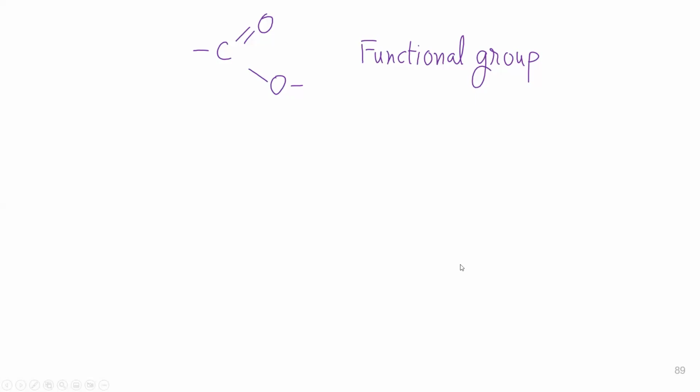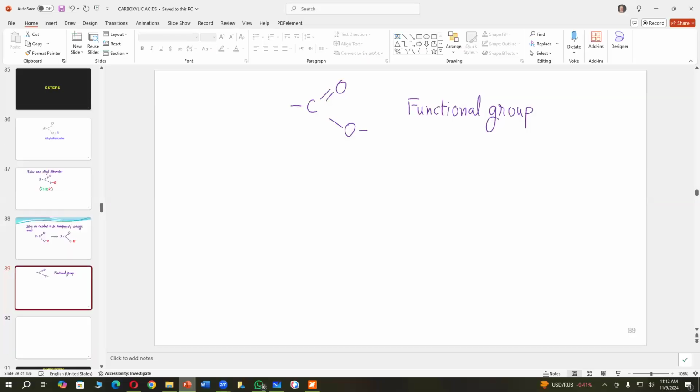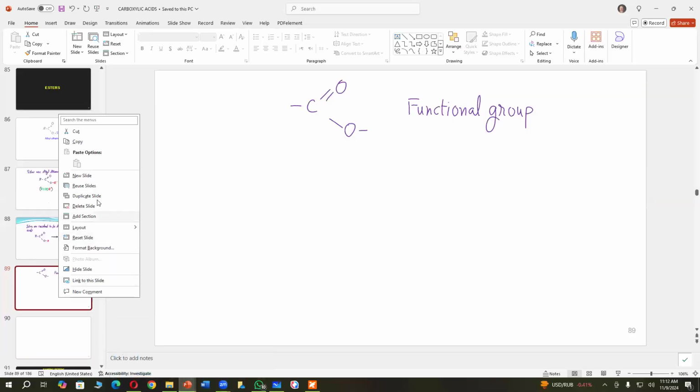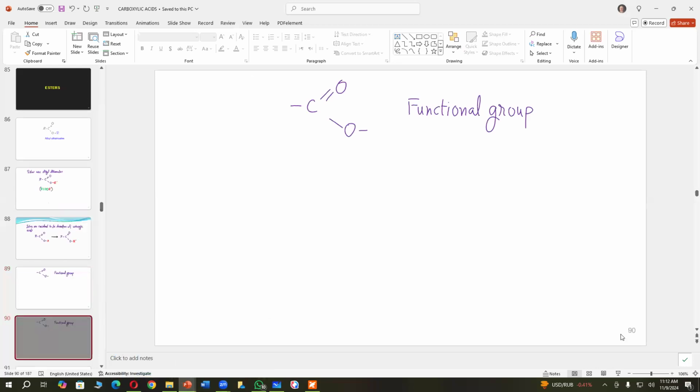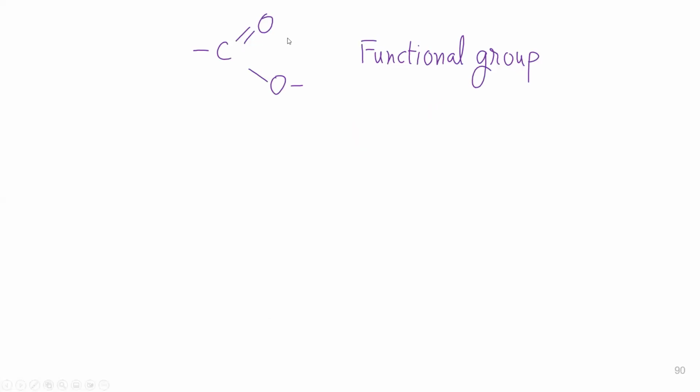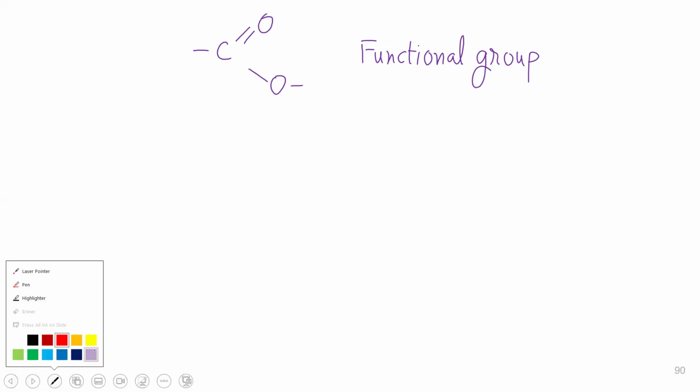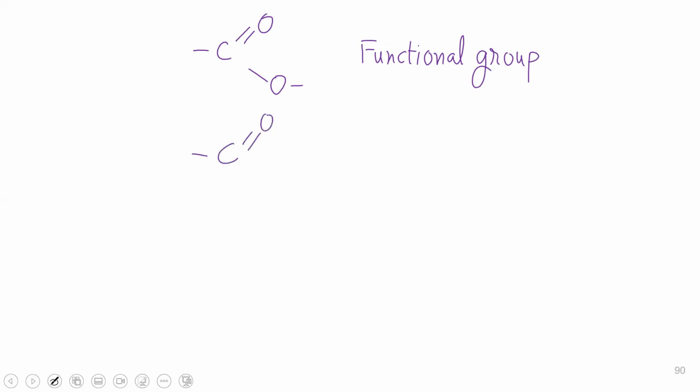This is the functional group, COO. COO is the functional group. Can you identify a polar bond here? Shahir, can you identify? Wouldn't it be OH, the polar bond? No, I mean bond polarity. Can you identify the bond polarity here?